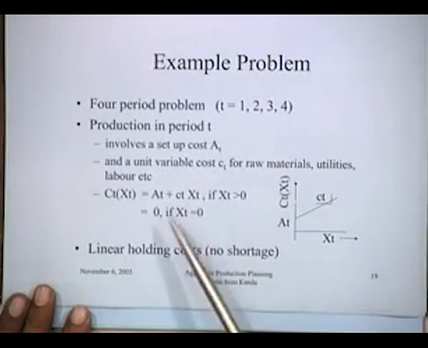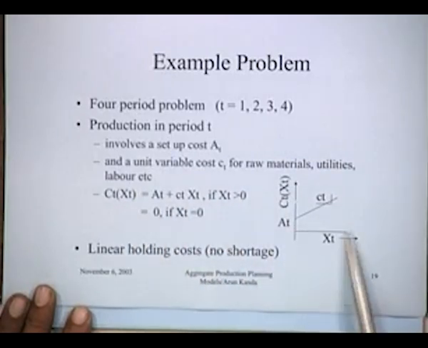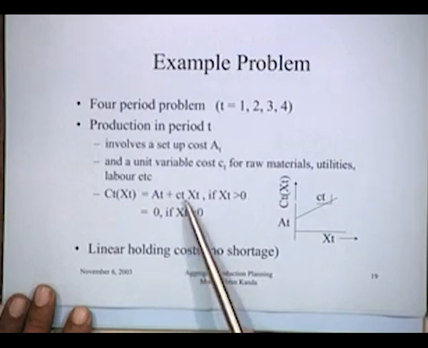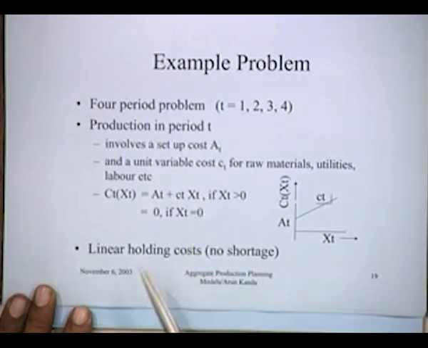For instance, if you are talking about car manufacture, the total amount of steel per car is, let us say, X. The total amount of steel for 50 cars would be 50X, right? That's what we are assuming. So in this case, if you have a setup cost, the cost of production is equal to AT plus CTXT if XT is greater than 0 and is equal to 0 if XT is equal to 0.